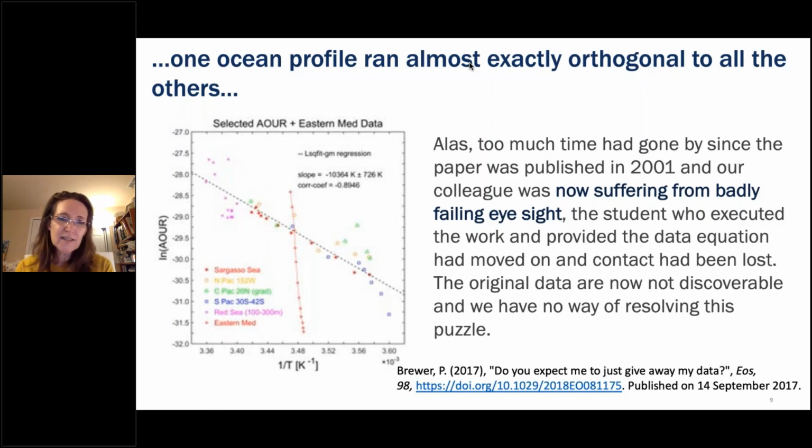And the particular colleague involved, you can see he cites the fact that they had poor eyesight and were no longer able to actually validate that data. So sadly, it was not possible to make sure of the quality of this data.